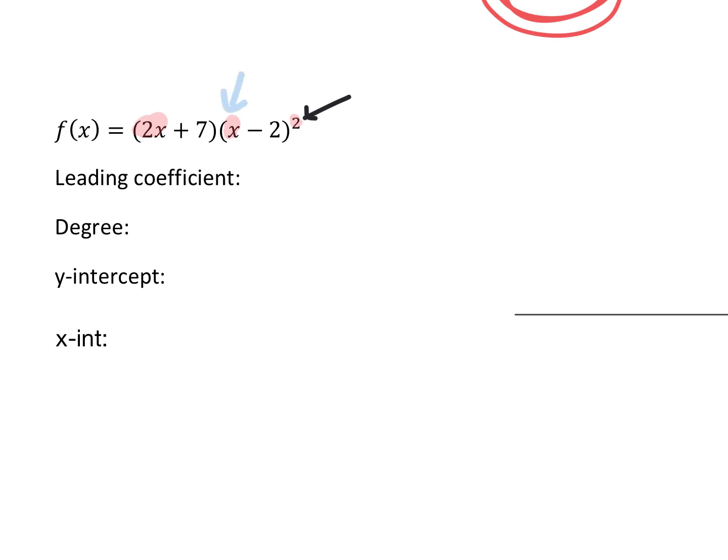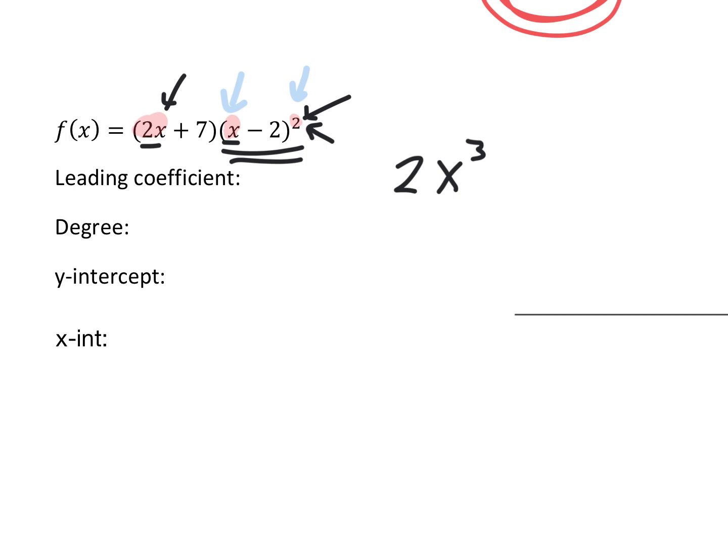Just that and that together make the lead term, which I'm going to have you write out. It makes it 2x times x, but that's squared. So does that make 2x squared? No, you're correct. It's 2x to the third. Because just that part is x squared, and then you add another x in there.